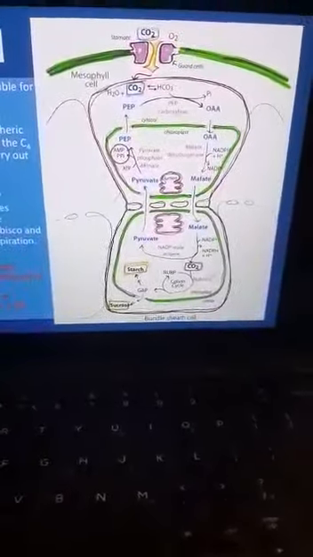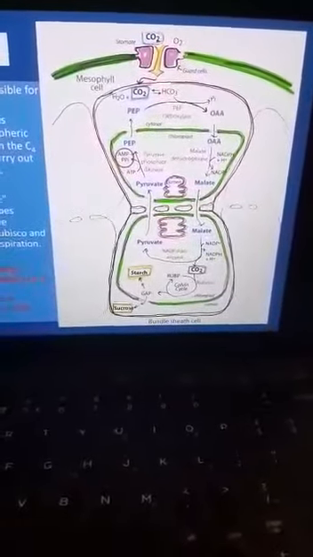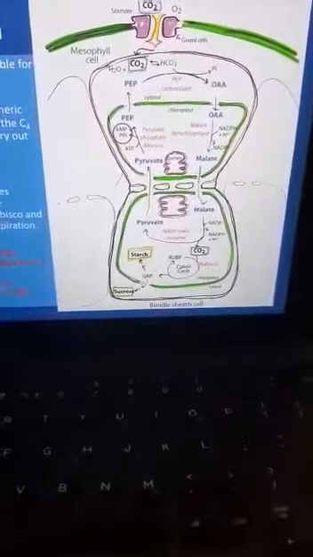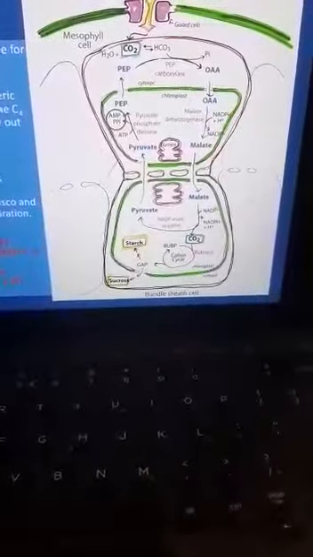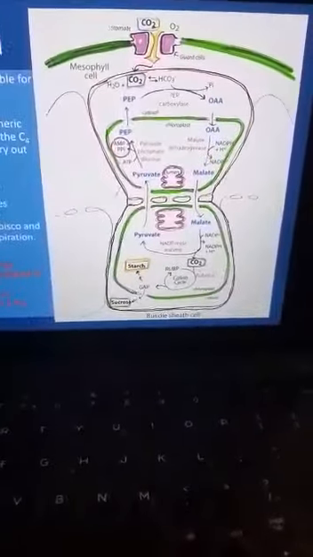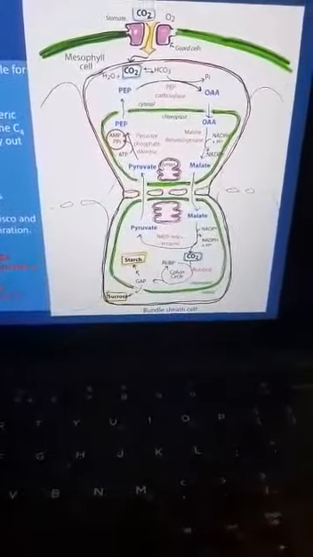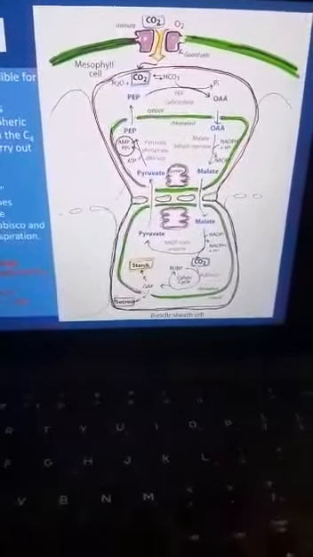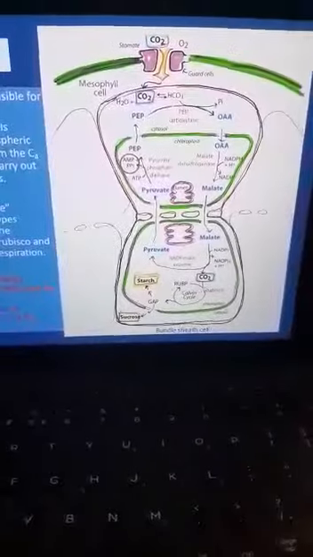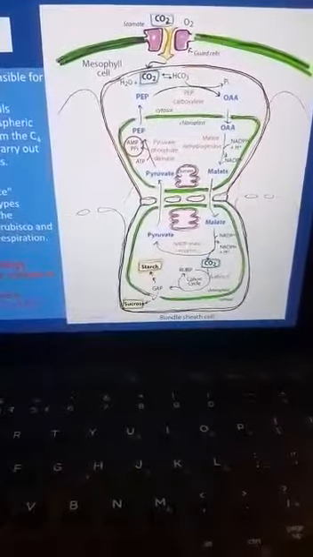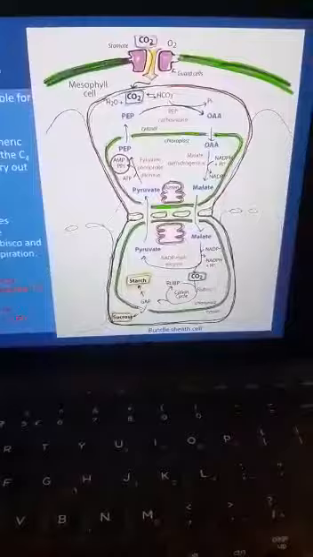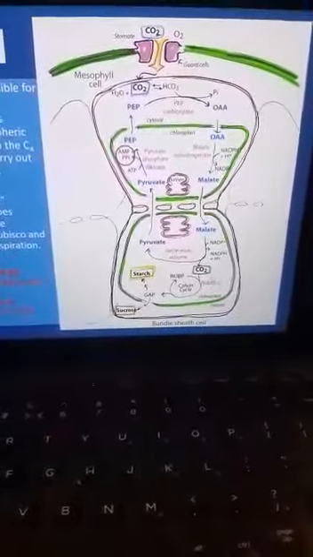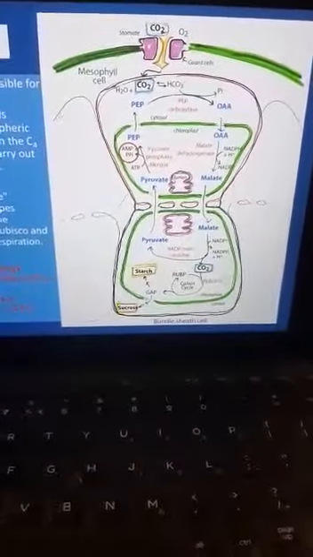What these plants do, in the atmosphere there is more oxygen and less carbon dioxide, but in these plants, at the point where carbon dioxide is supposed to be fixed through the Calvin cycle that results in the formation of sugars, the plant makes sure that there is more carbon dioxide at that location, as opposed to oxygen.